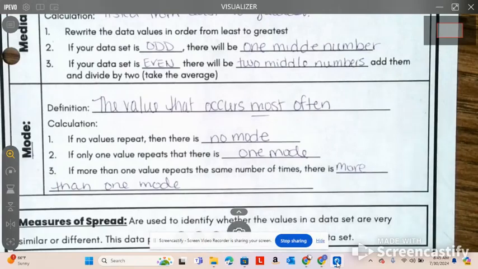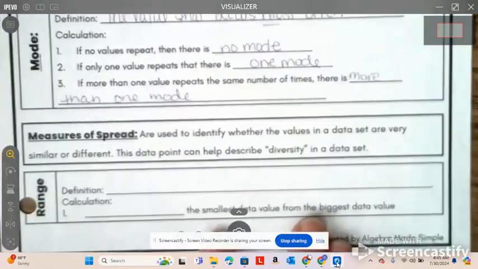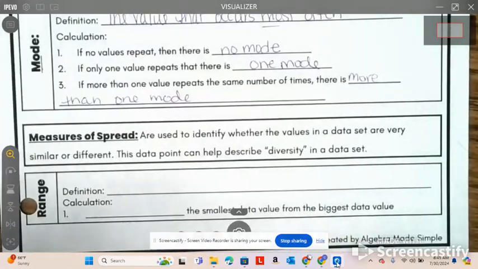Okay. Next, we're going to talk about what we call measures of spread. Measures of spread are used to identify whether the values in a data set are very similar or different. This can help describe diversity in a data set. So how spread out are our data points?